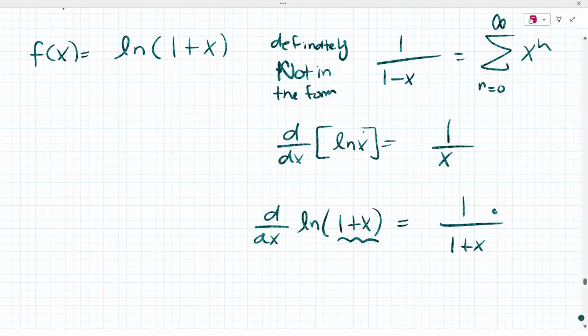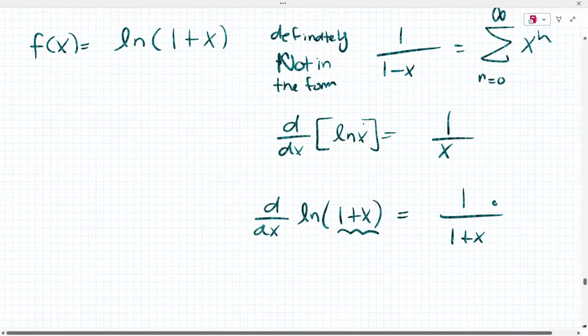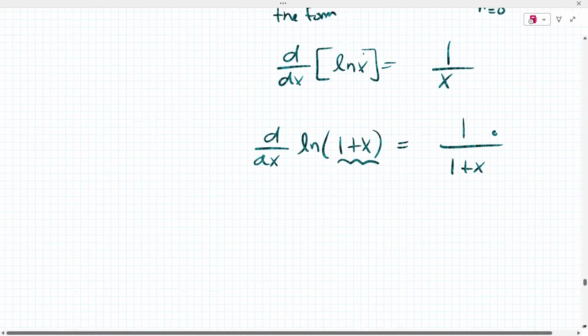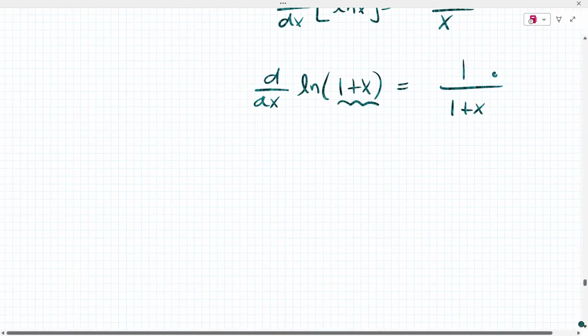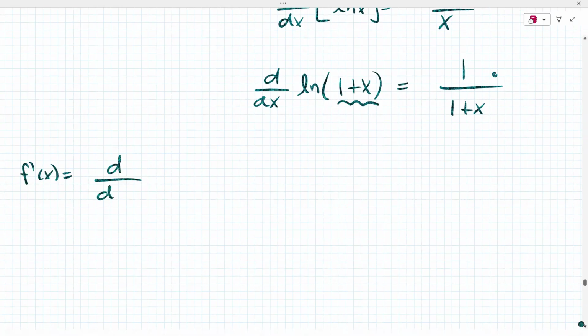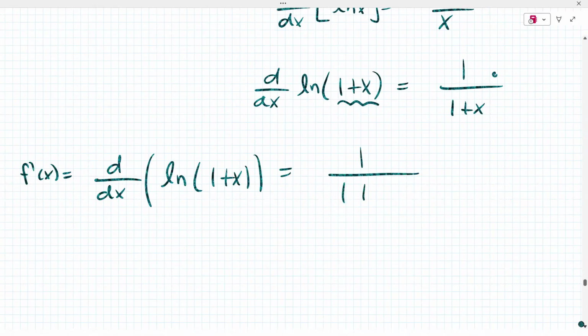So it's just this. So we could say f prime of x is equal to d over dx of ln of 1 plus x, equals 1 over 1 plus x.